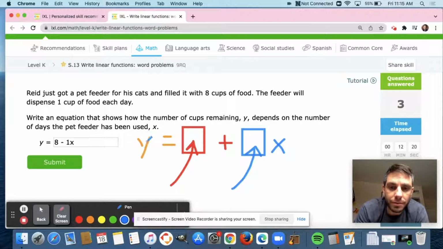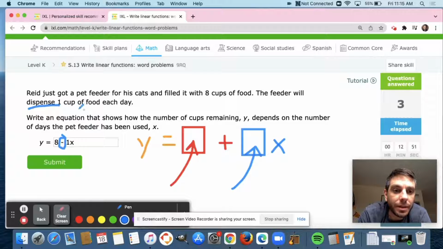We have a total, which is y, equals, it starts at something, which is this red box, and then we either add or subtract another amount as x changes. And that amount that we're adding or subtracting is a rate. So in this case, the rate was 1 cup of food each day. It was dispensing it, so it was being taken away, hence the negative.